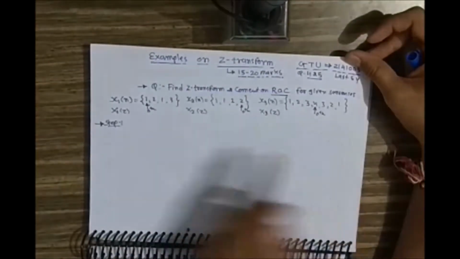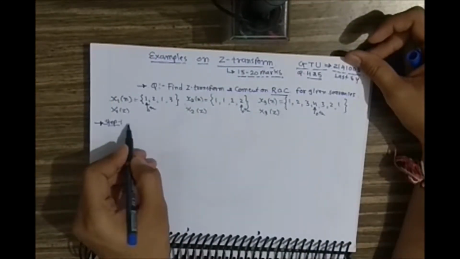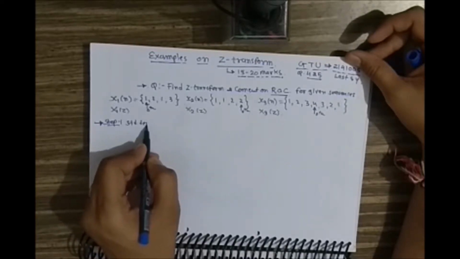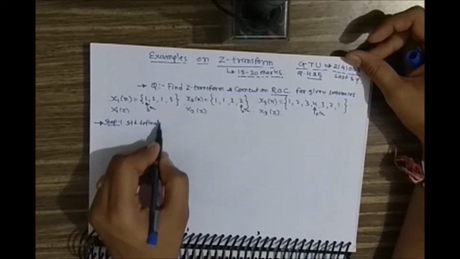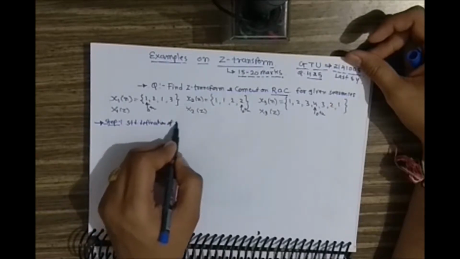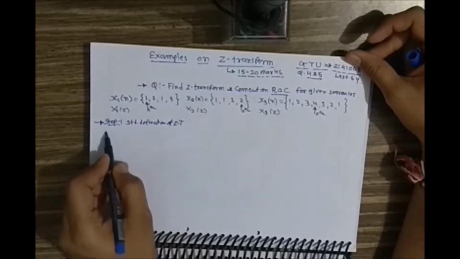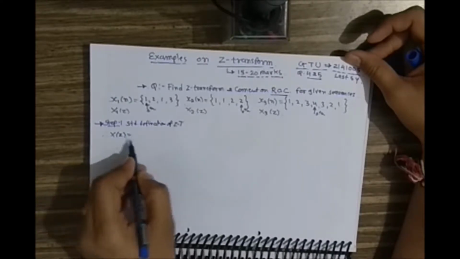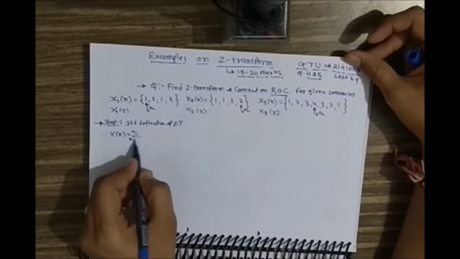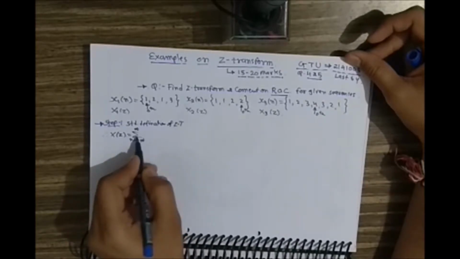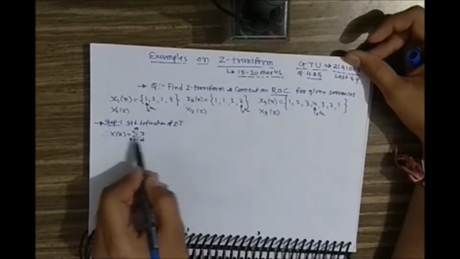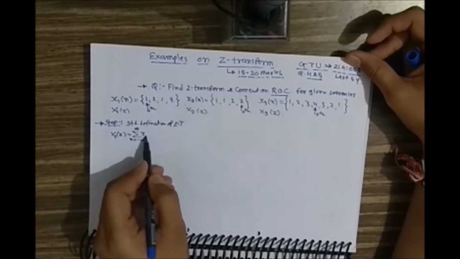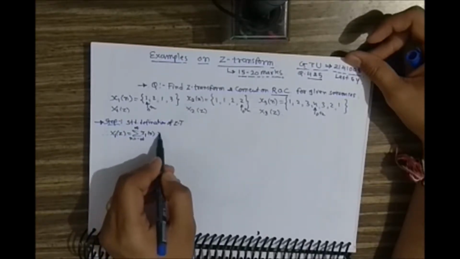You should write the standard definition of Z transform: x of z is equal to summation n equal to minus infinity to infinity x of n z raised to minus n.